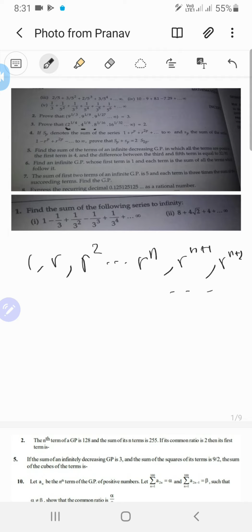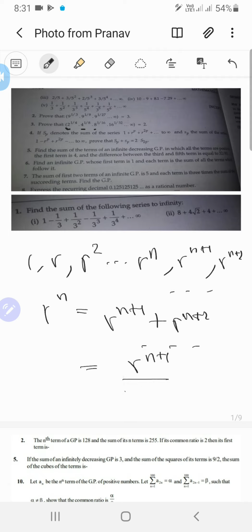And what this condition says is that r to the n is equal to r to the n plus 1 plus r to the n plus 2 plus r to the n plus 3, and it keeps on going like that, which is nothing but r to the n plus 1 upon 1 minus r, because here we are assuming that the modulus of r is less than 1. We don't know if that is true or not, but okay, we need to solve this problem first.